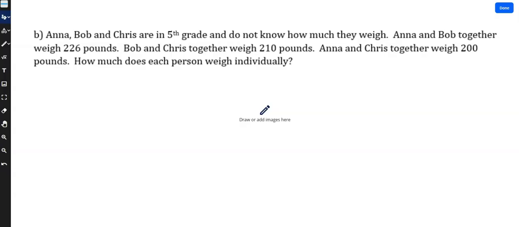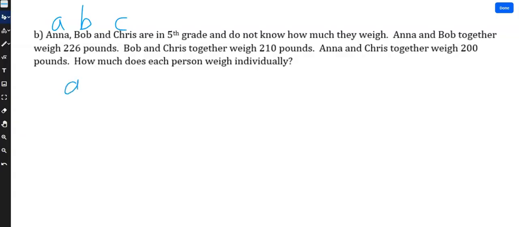Anna, Bob, and Chris are in the 5th grade and do not know how much they weigh. Anna and Bob, so we'll just go with X, Y, Z. I mean, if you want to do A, B, C, there's nothing wrong with that. So maybe we should do that. Easy as 1, 2, 3.